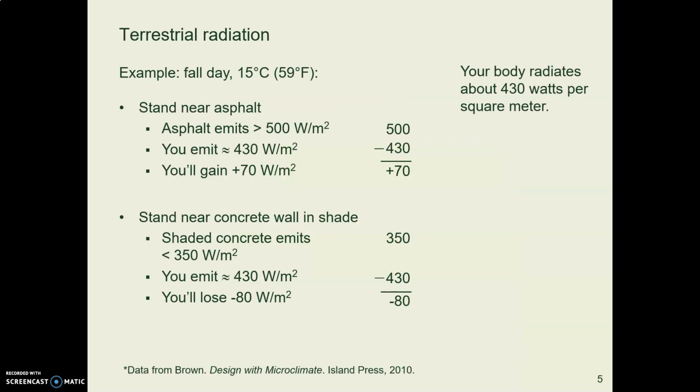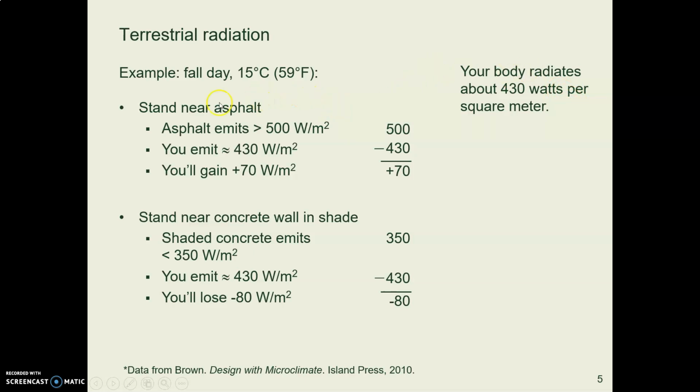So here's a little bit of math as an example. Let's say we're walking around outside in October, so it's a fall day. And the human body radiates terrestrial radiation at a rate of about 430 watts per square meter. That's us.